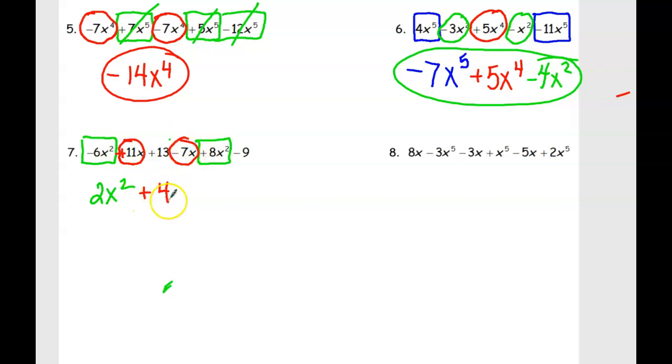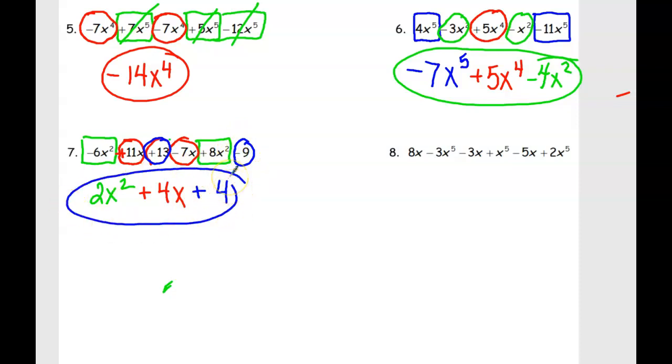So it's plus 4x. And now in this example, I have some constants. All right, so that's going to be positive 13 minus 9, which is going to give me a positive 4. Here's my trinomial.